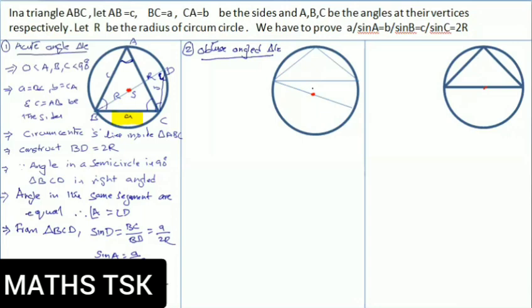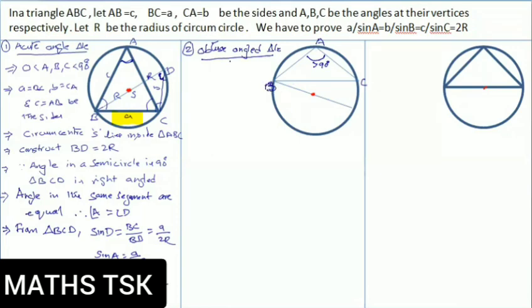When you push again, this 90 expands and becomes more than 90 degrees. So here the angle is greater than 90 degrees. I consider this angle as A, this as B and this as C.